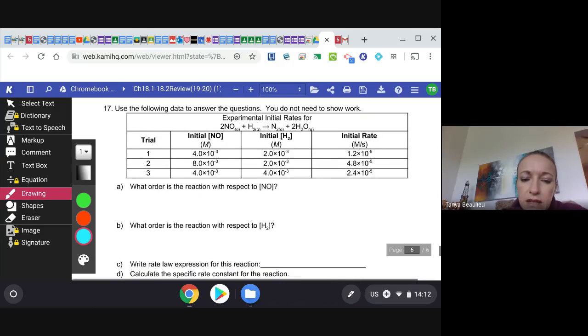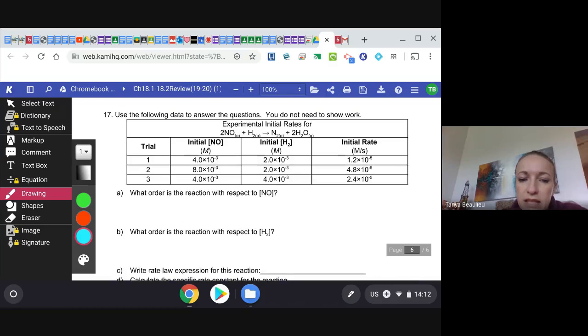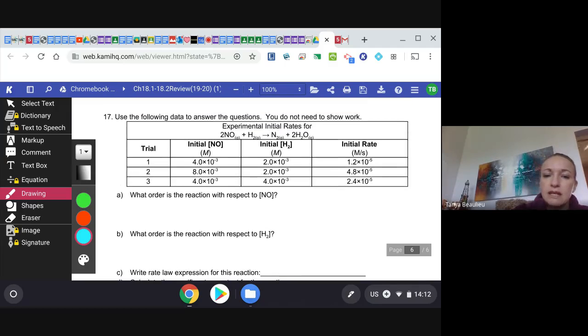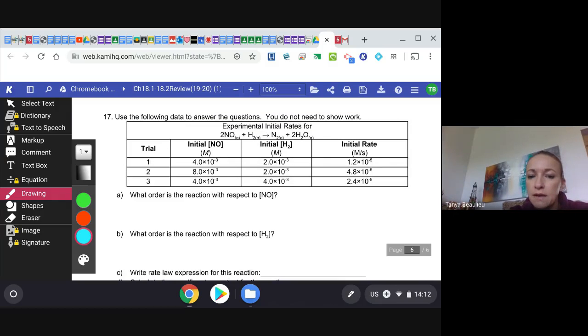For 17, this is another one I saw a lot of mistakes on. A lot of people got A and B correct, but the specific rate constant calculation, a lot of people got that one wrong. So I'm just going to walk through this one real quick here.